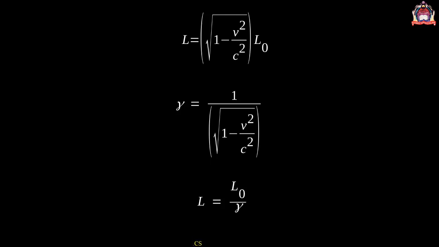It must be noted that the contraction takes place only in the direction of the motion and is unaffected in all other directions. In other words, the shortening or contraction in the length of an object along its direction of motion is known as the Lorentz-Fitzgerald contraction.